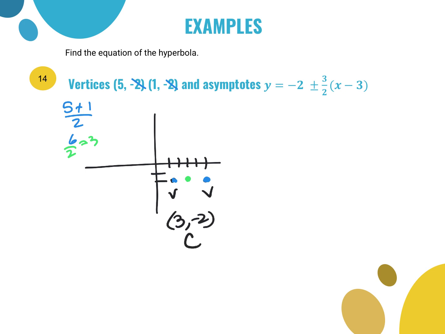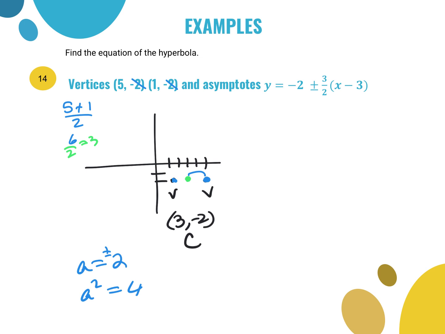Now, you can also see your A value is the distance from this center to the vertex. So you can see that your A value here is going to be 2. So A squared is going to be 4.